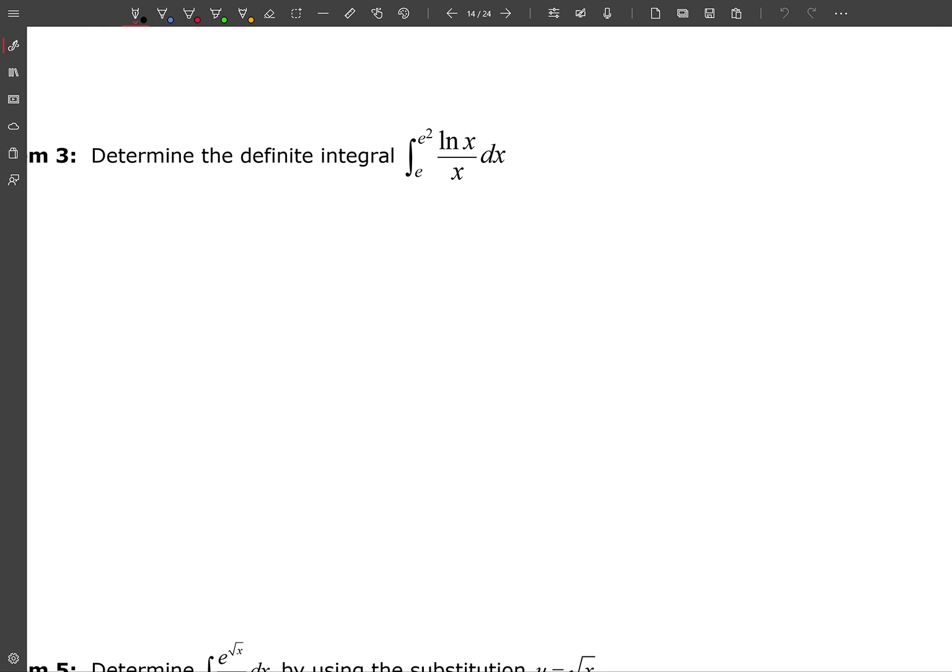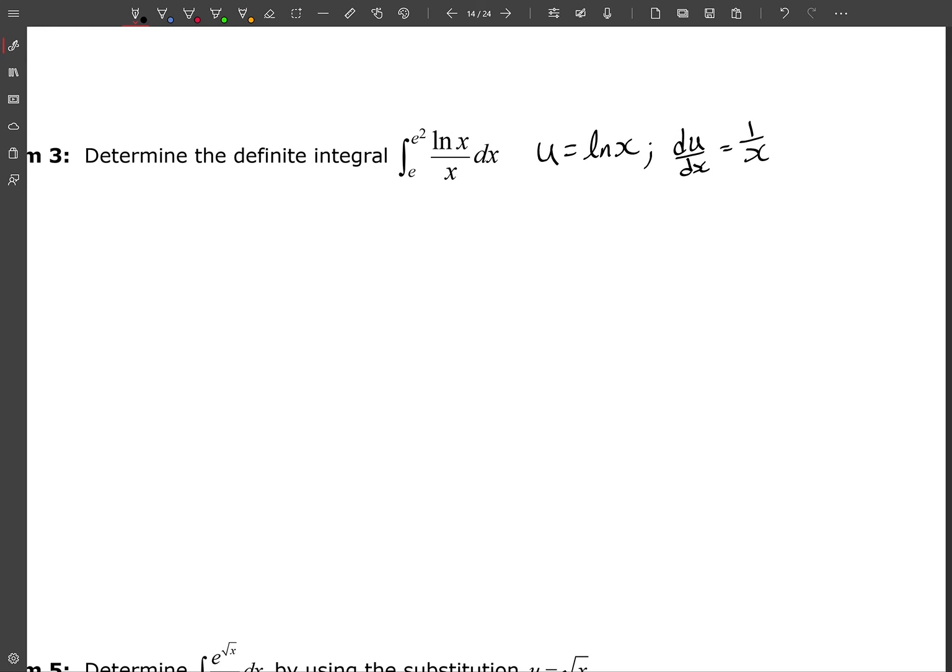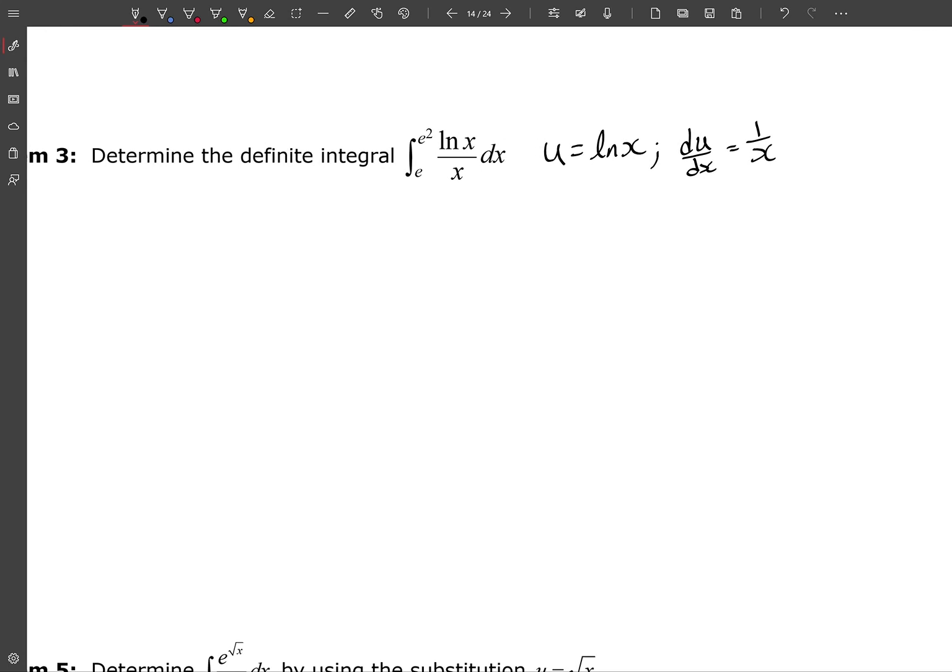We have to choose a u and a du. I'm going to choose u to be natural log of x. The reason for that is because the derivative, du/dx, would then be 1 over x, which means that dx is equal to, if you're keeping score, x du, which is going to allow me to cancel out those x's.